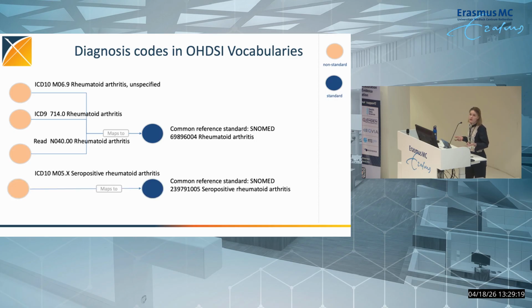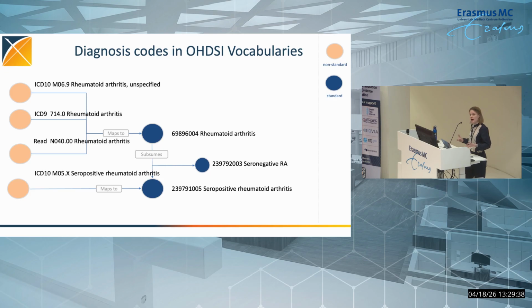There are also other codes in the source terminologies that would map elsewhere. For example, here there is an ICD-10 code in the source data indicating seropositive rheumatoid arthritis that would be mapped to a different concept in SNOMED that entails the same clinical notion. Luckily, we do have vocabularies and hierarchies within the vocabularies so that those individual codes are linked together.